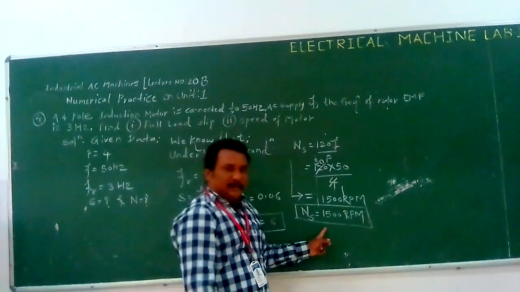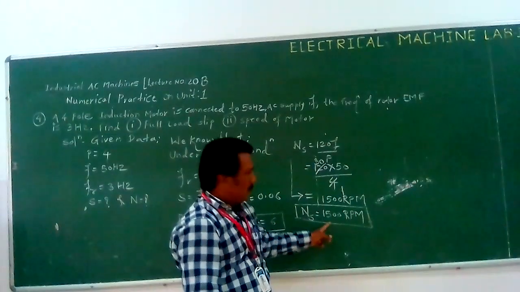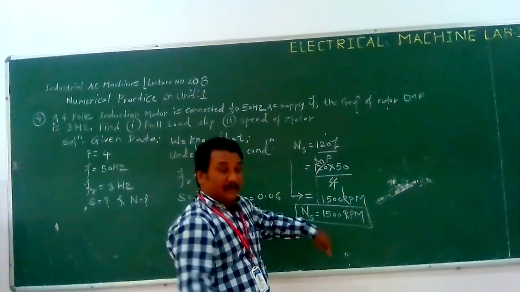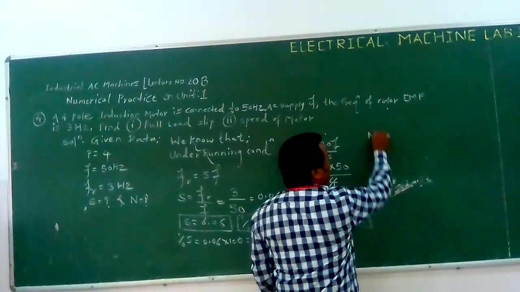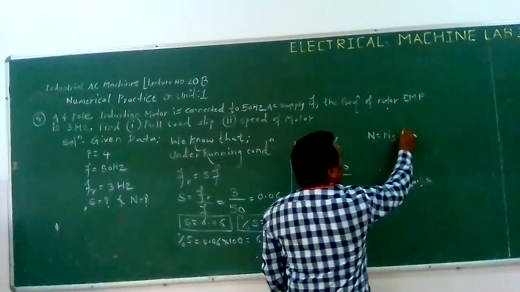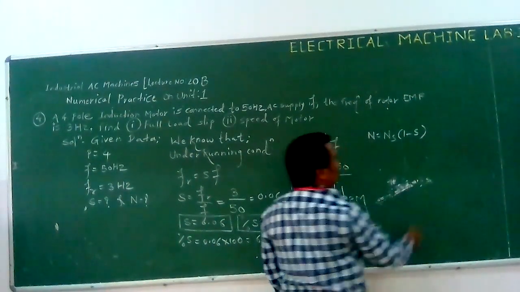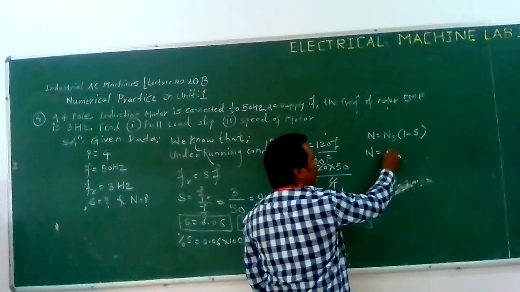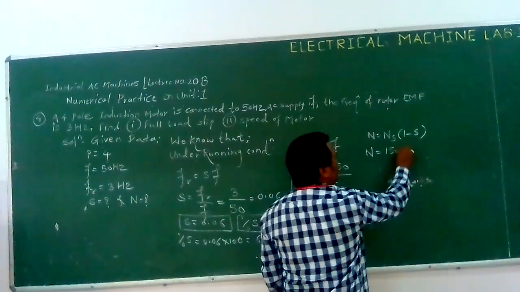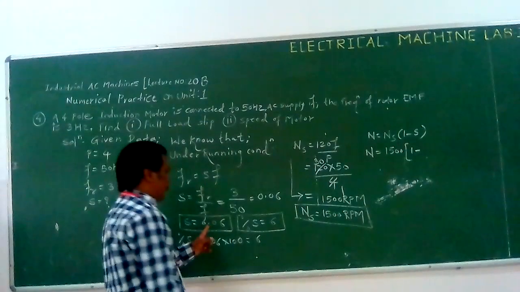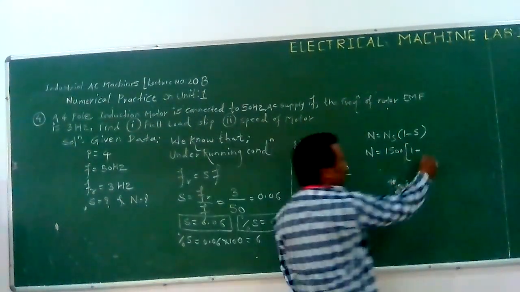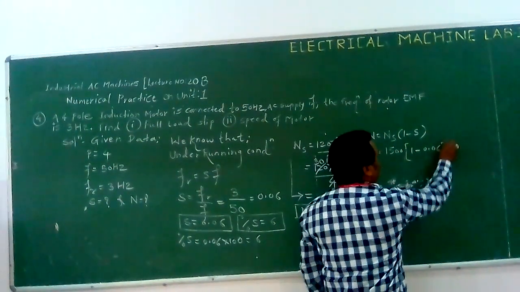Synchronous speed calculation is compulsory here, because without synchronous speed we cannot calculate the actual speed, because the formula is N is equal to Ns (1 minus S). N is unknown. N is equal to Ns, 1500, in brackets 1 minus how much? Slip is a fraction, 0.06. Here slip is calculated as 0.06.